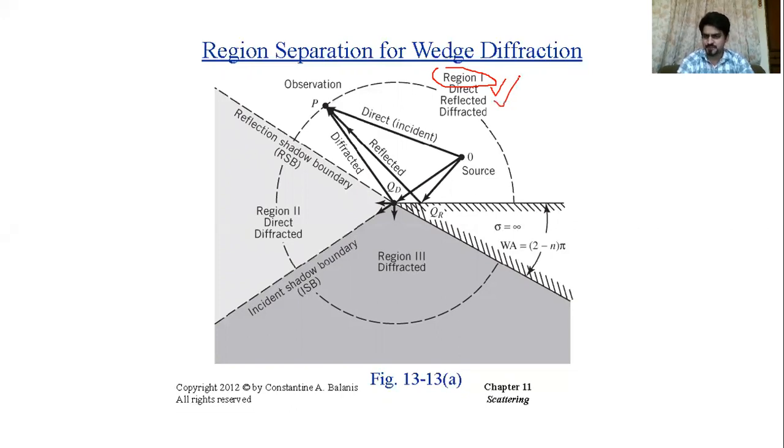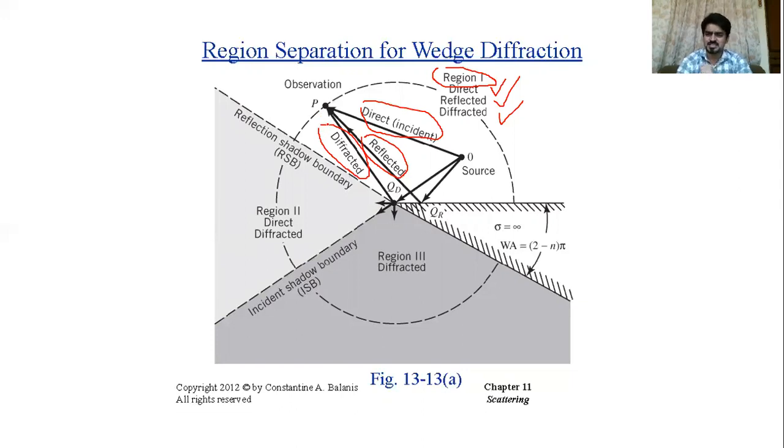Then you also have reflected fields from the face of this structure, and then you also have diffraction from the edge of the structure. So you have three components: the direct incident waves, the reflected waves from the surface, and the diffracted fields from the edge of the structure. That is the first region.